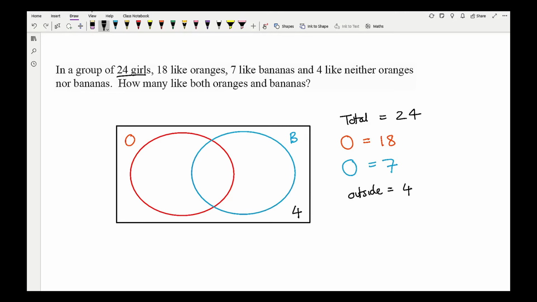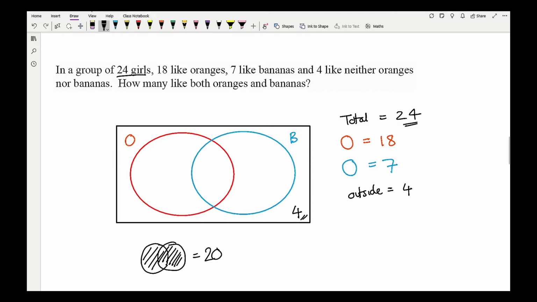Now from this, we know that the two circles combined, this total area of those two, represent 20. I've got that number because there are 24 people in total, so if there's 4 outside, then these must add up to 20 altogether.